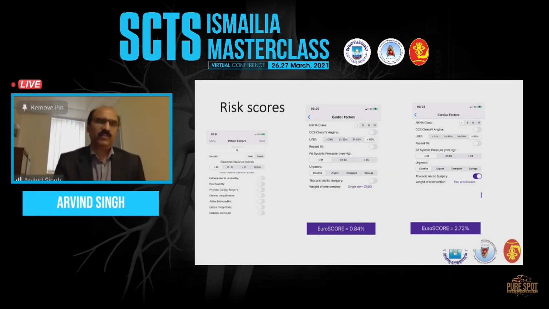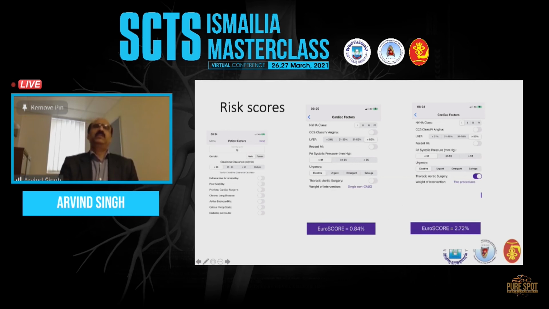Almost all of our patients, or a number of our patients at that age, will have some form of comorbidity or the other. And the other thing that I haven't scored here is if they're going for a single non-CABG, they will have some symptoms as against purely an aortic operation.